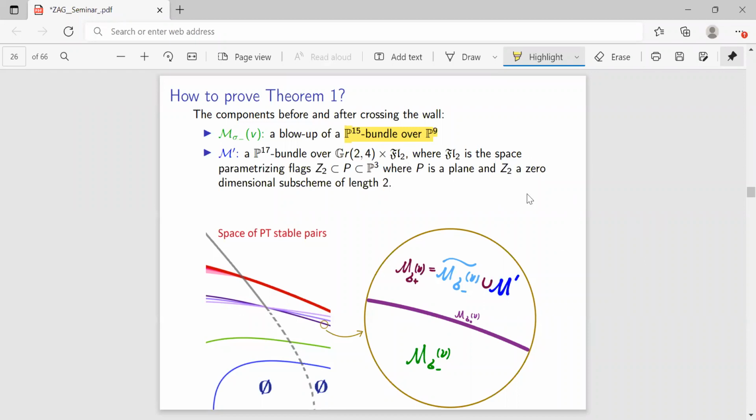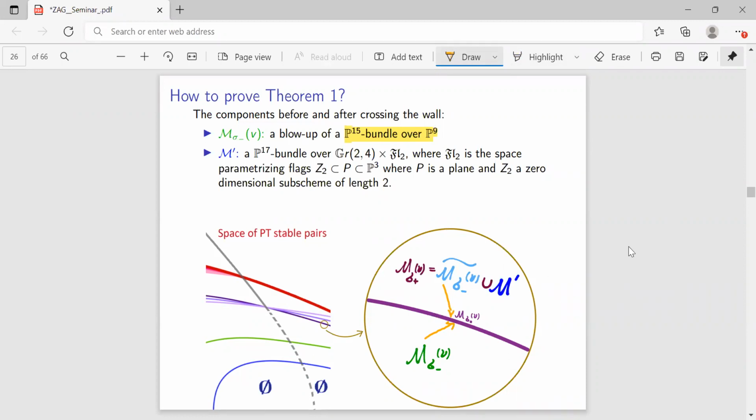We have this, and to prove the theorem, for example, we need to say that first of all, this map from this M sigma minus to this is a small contraction, and the other map from this M sigma minus twiddle to this is a divisorial contraction. So this is not a flip. This wall crossing is not a flip.